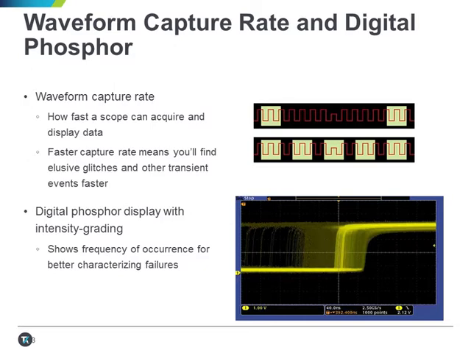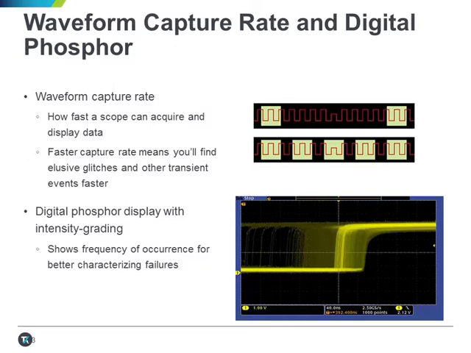So waveform capture rate tells you how fast the instrument can acquire, store, and display data. It also gives you a sense of how likely it will be for you to capture infrequent events.